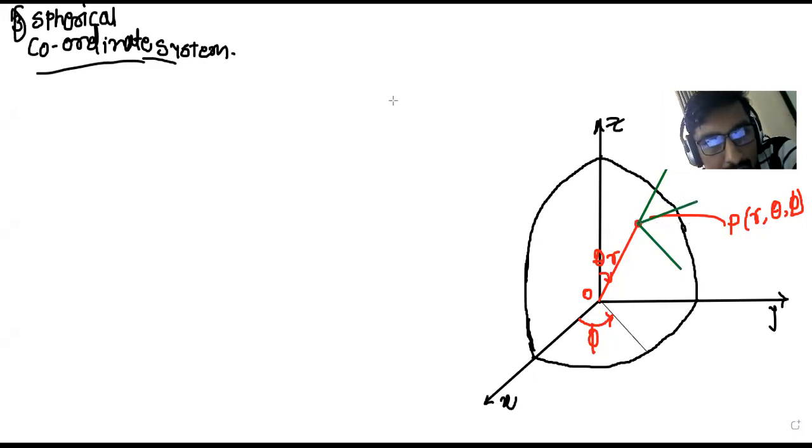Right? So we have those three unit vectors. This is your a bar phi, and this is your a bar theta.